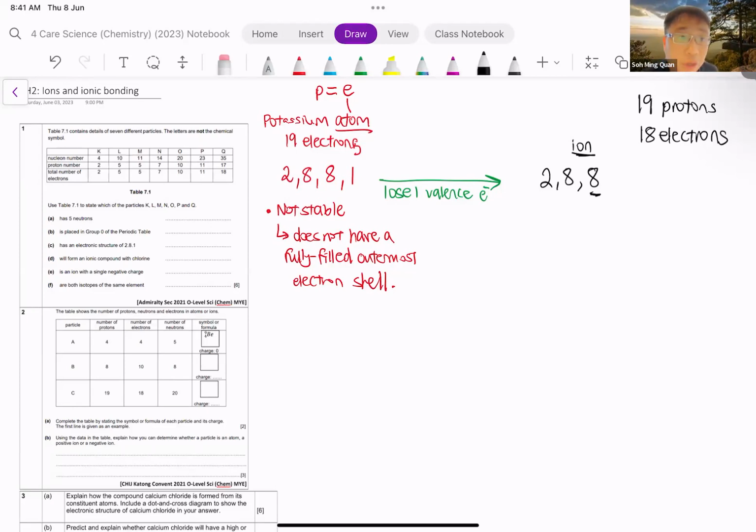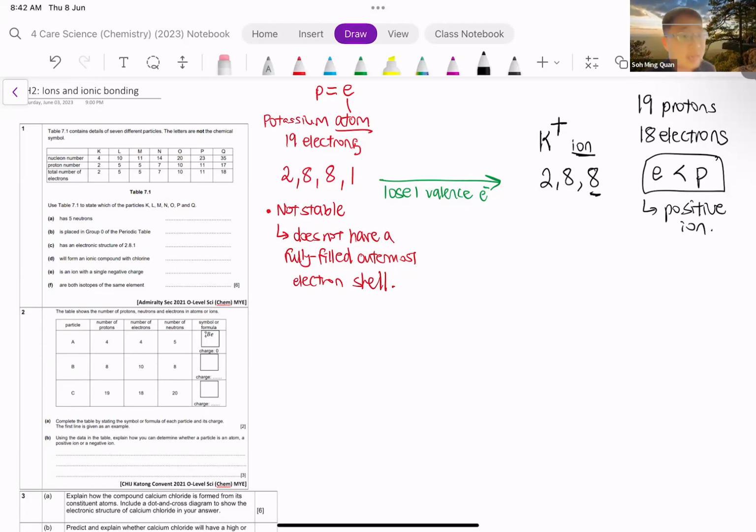If you recall, protons are positively charged. So now you can see the number of electrons is less than the protons. This is a positive ion, because you have fewer negative electrons than the positive protons. And how positive is it? It's 1 plus, because it only lost 1 valence electron.